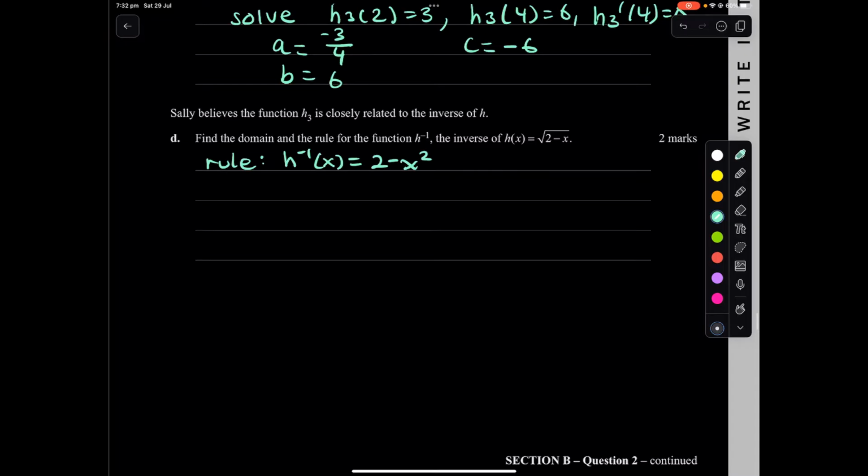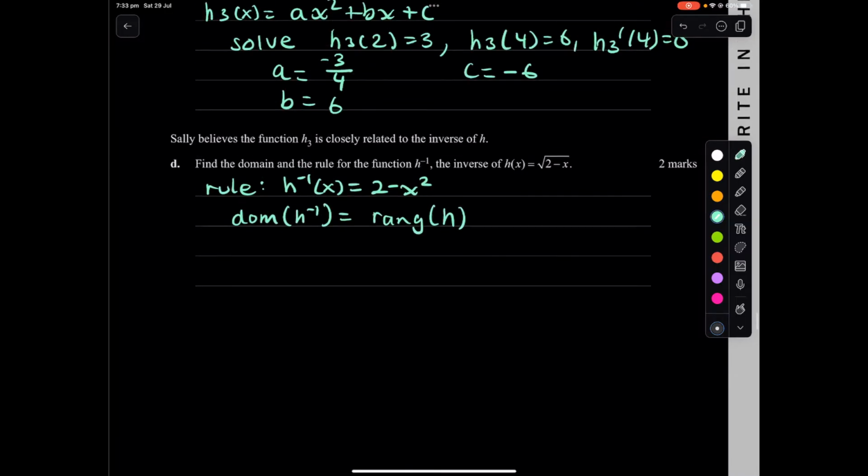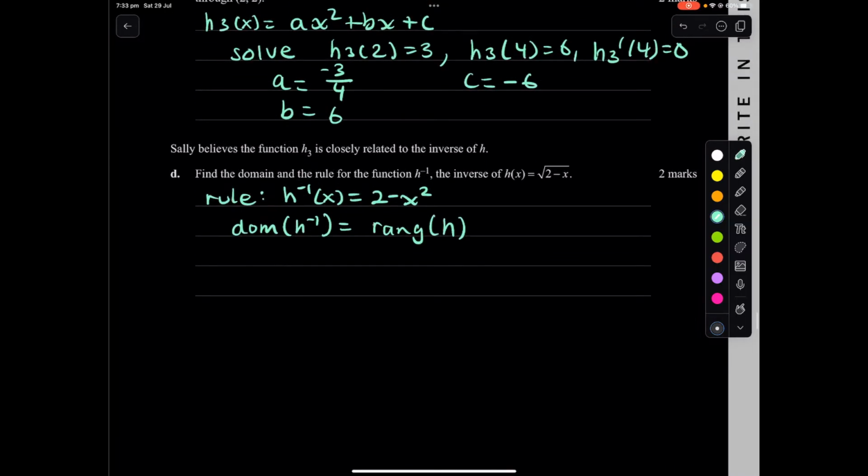And the domain of h inverse of x is actually the range of h. So how can we think about this?